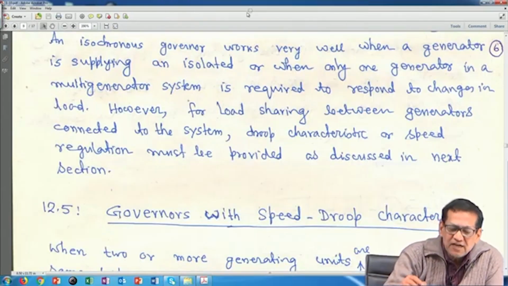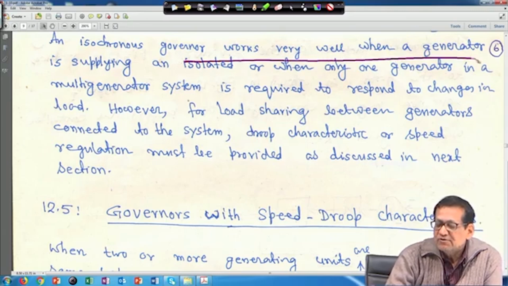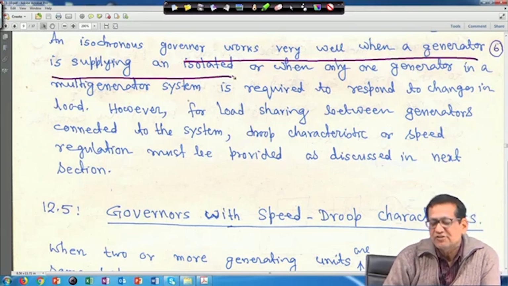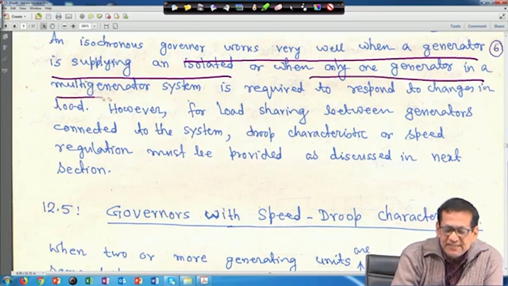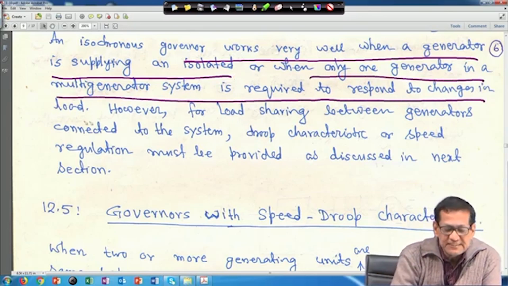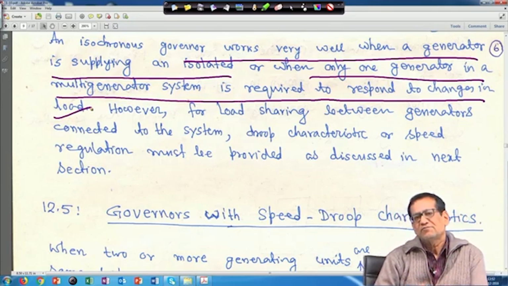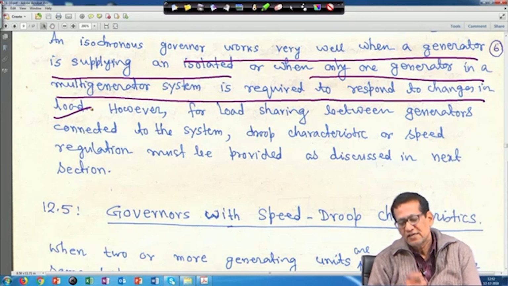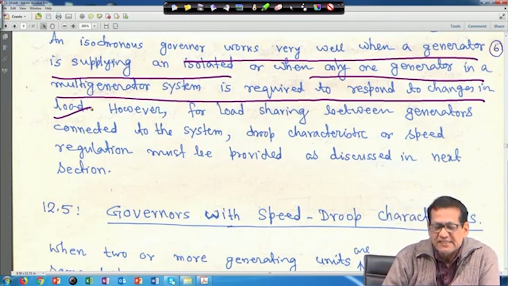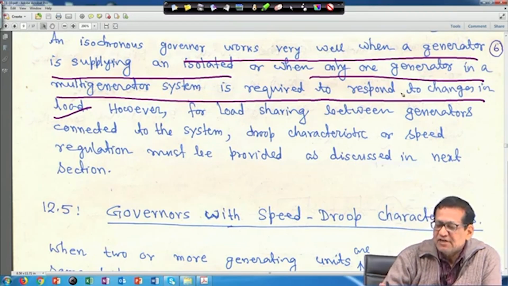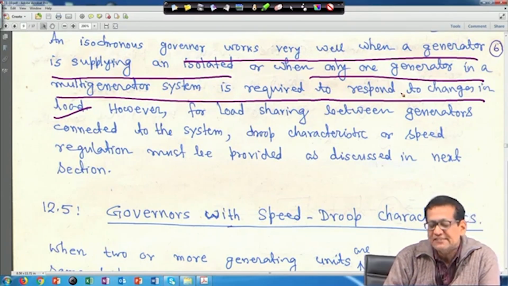An isochronous governor works very well when a generator is supplying an isolated load, or when only one generator in a multi-generator system is required to respond to changes in load. You can use this when it is only supplying one load, or in a group of generators, when out of so many generators only one is required to respond to changes in the load.